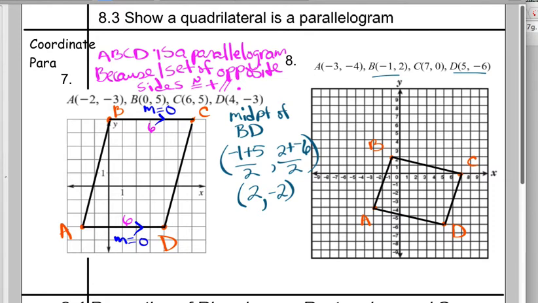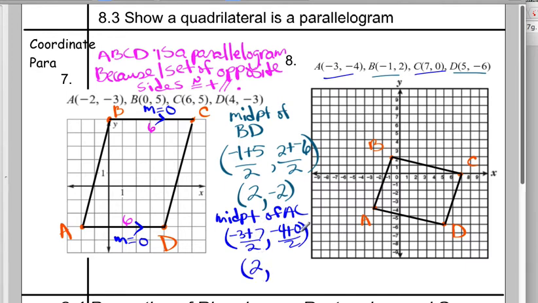Now I need to test the midpoint of AC. So now looking at A and C and using the midpoint formula for that. -3 and 7 divided by 2, and then -4 and 0 divided by 2. So -3 and 7 is +4 divided by 2 is 2.